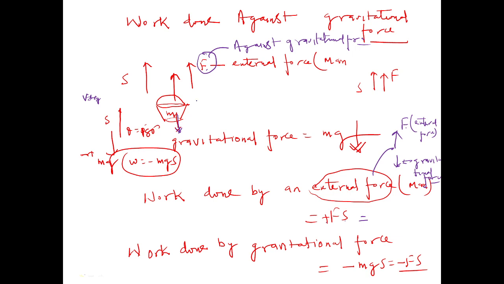So F is approximately mg. This upward force is equal to the downward gravitational force. So the magnitude of force is mg, and suppose s is equal to h, it will turn out to be plus mgh. This is the work done against gravitational force.